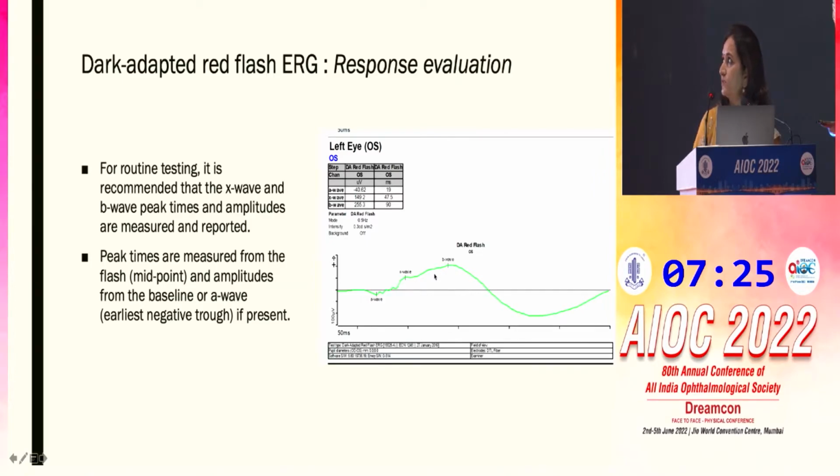Normally when you see a scotopic dim flash response, we all know that the first response has only this B wave, right? But when you give a red flash and a slightly higher flash intensity, you get an A wave, an X wave and a B wave as well.